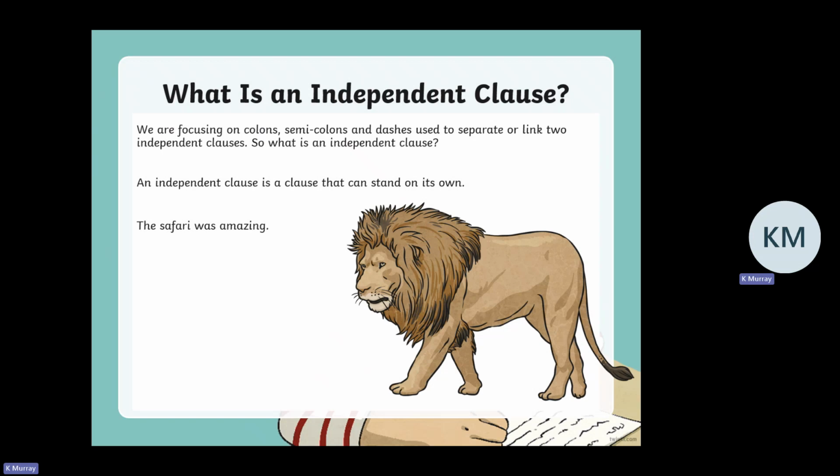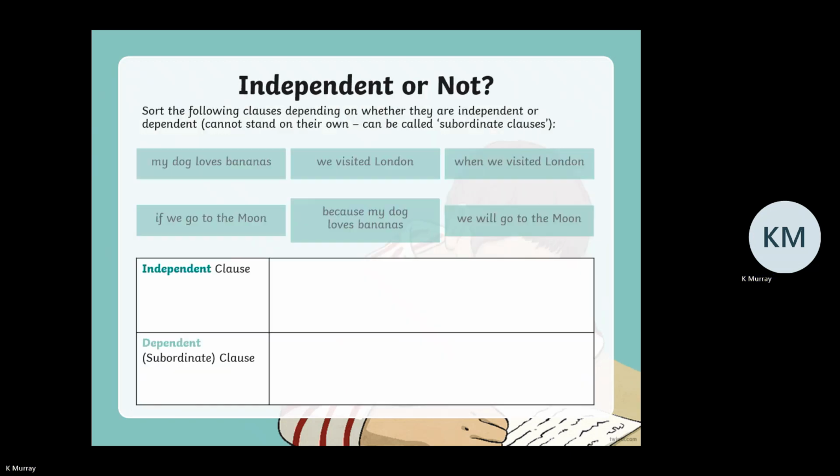It makes sense on its own. That's an independent clause. It doesn't need anything else. An independent clause always has a subject, and the subject of that sentence was the safari, and the verb was, okay, a complete thought. So that's what it needs to stand on its own.